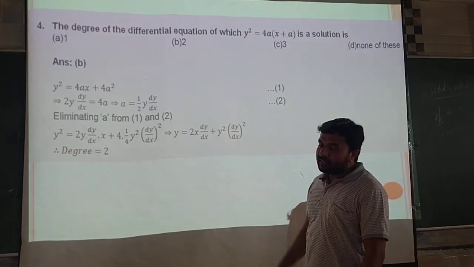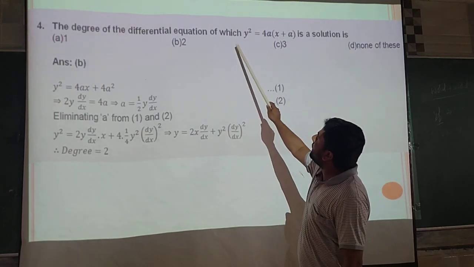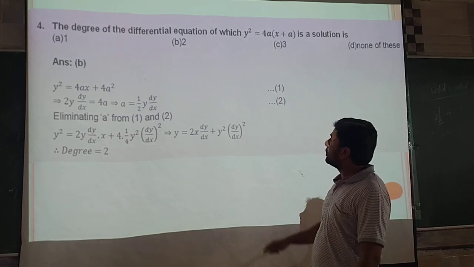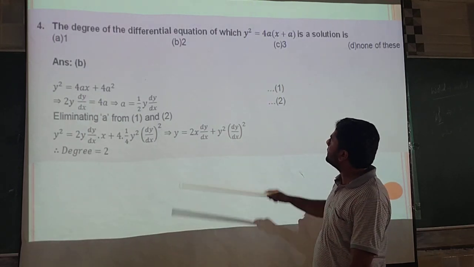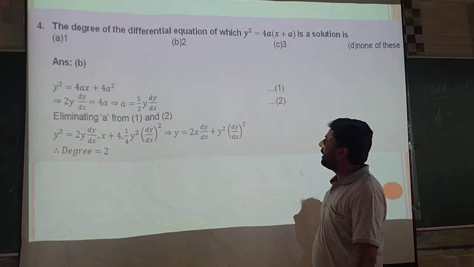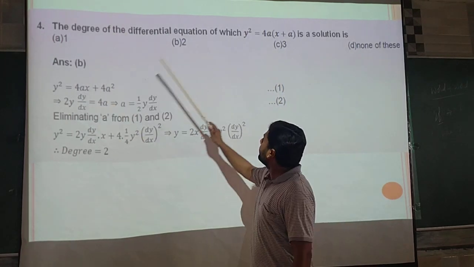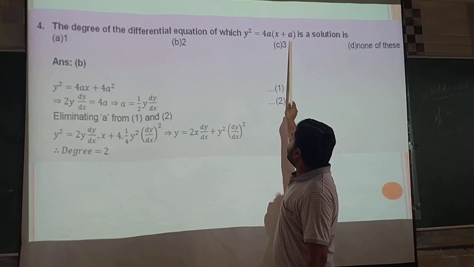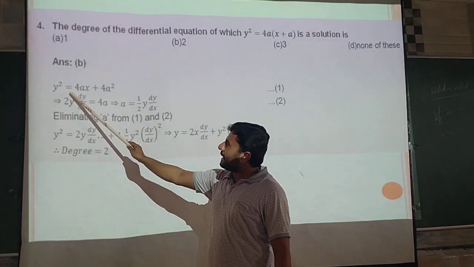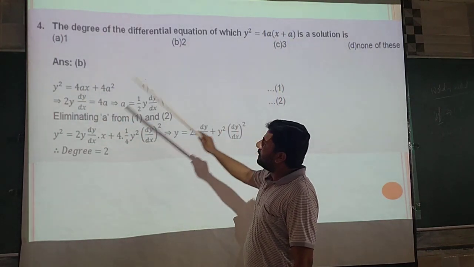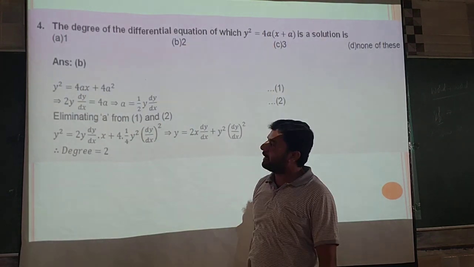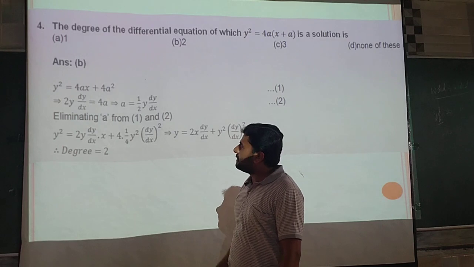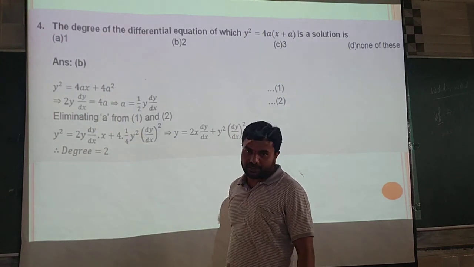Here, the differential equation whose solution is given by y square is equal to 4a into (x plus a), which is the equation of a parabola. So first, multiplying out, y square is equal to 4ax plus 4a square, which is the solution of the given differential equation.